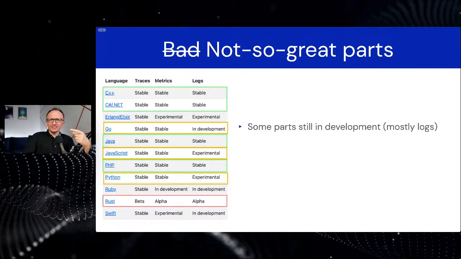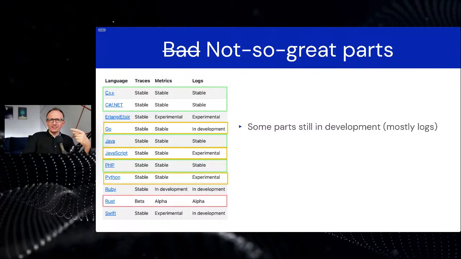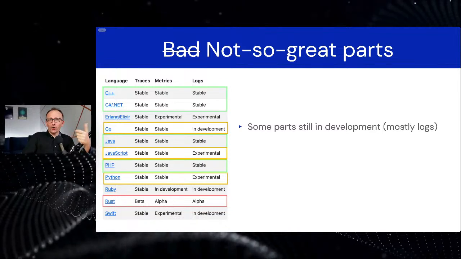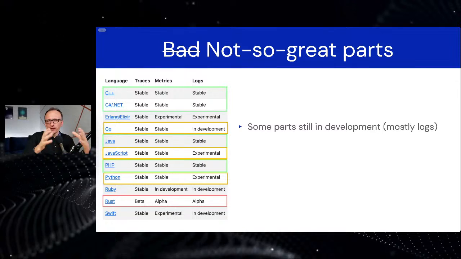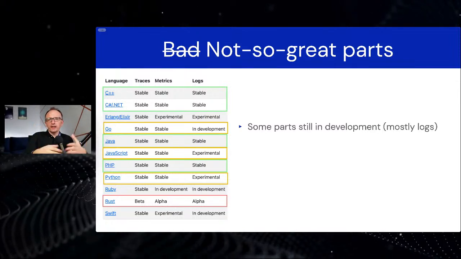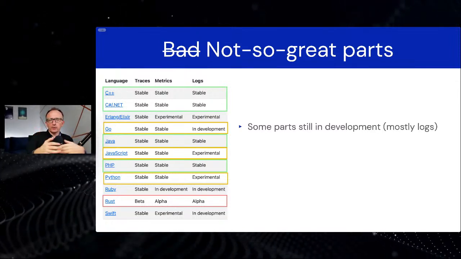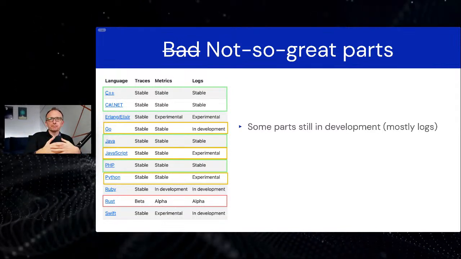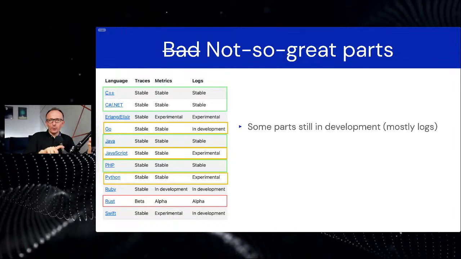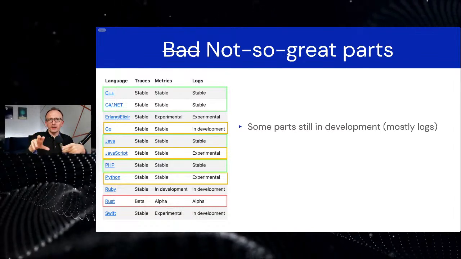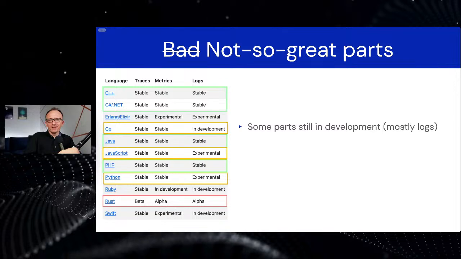But languages that are not that old or not that new as well, like Golang, like Python, like JavaScript, as you can see, of course, tracing and metrics are supported as a stable feature. However, logs are either in development or are considered an experimental feature.